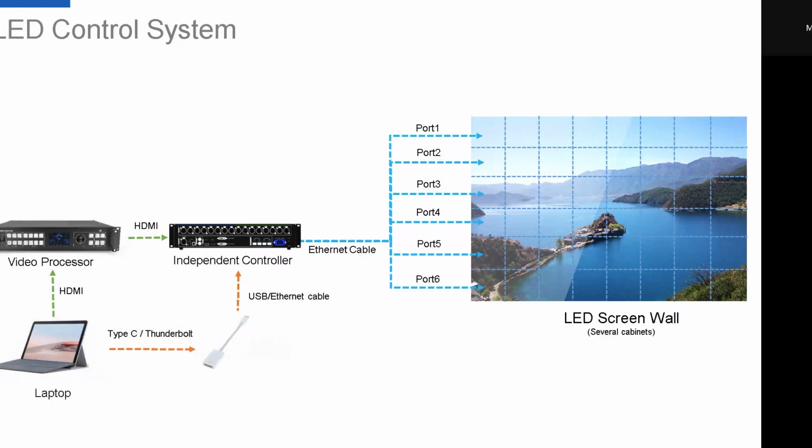And sometimes, if your laptop does not have a USB port or Ethernet port, you may need an adapter in between, to convert the Type-C or Thunderbolt port to USB and Ethernet port. Based on the three common connection methods, let's see which factors will affect the software detection.